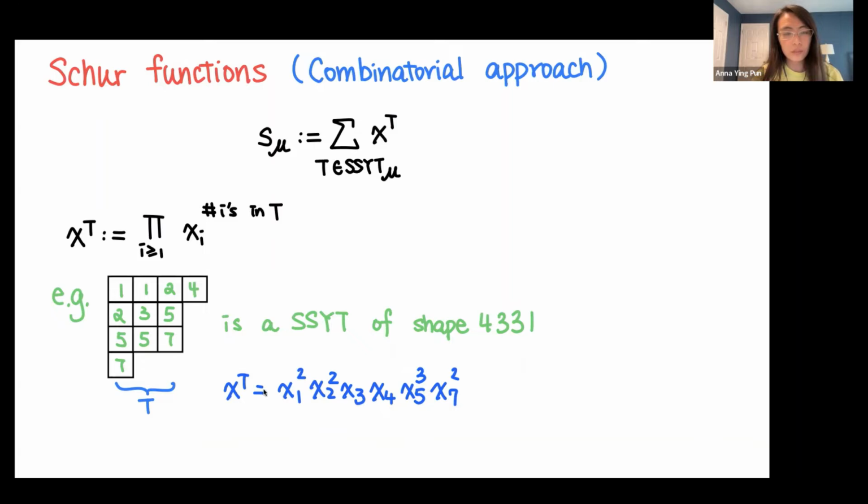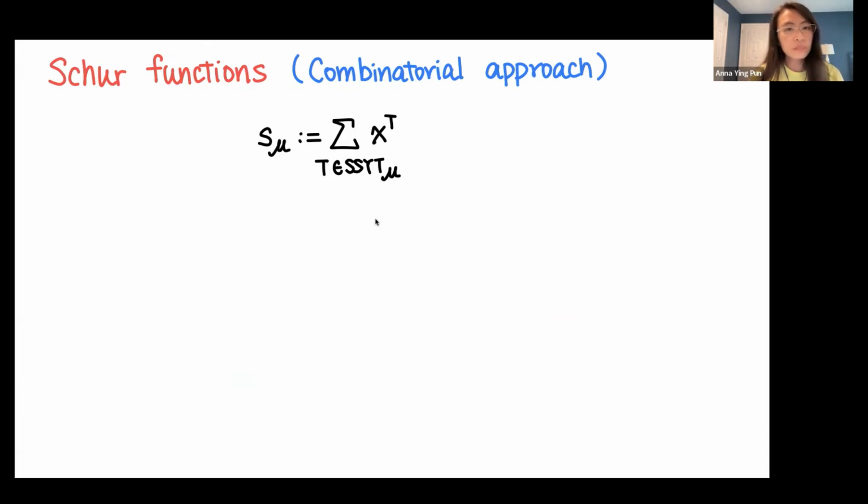So that's x to the power T. So s_mu is just: you fix a shape, fill in the integers satisfying weakly increasing rows and strictly increasing columns, calculate their corresponding monomial like this, and add them up. So that would be symmetric actually.